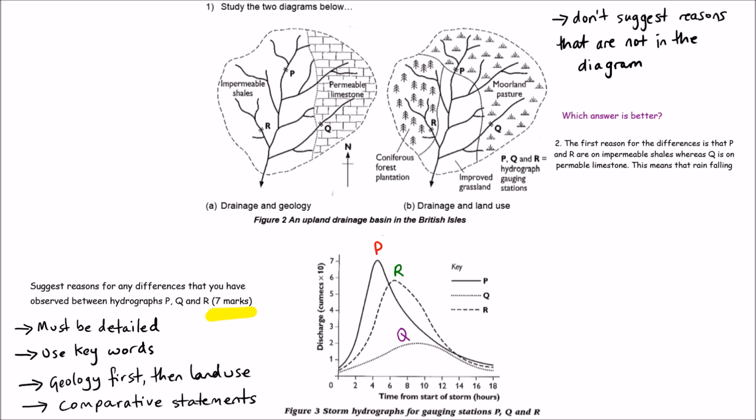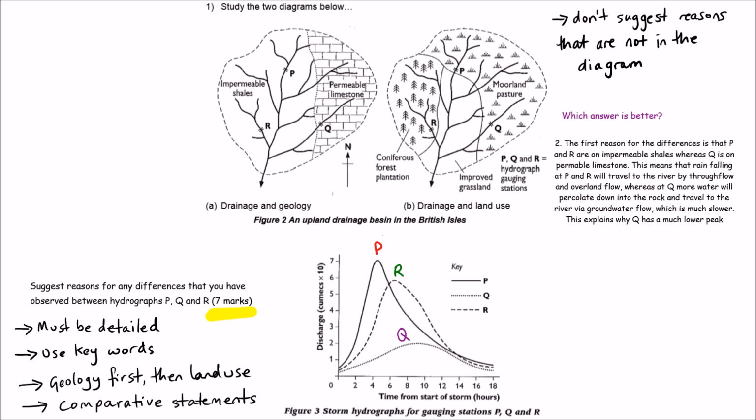This means that rain falling at P and R will travel to the river by through flow and overland flow, whereas at Q, more water will percolate down into the rock and travel to the river via groundwater flow, which is much slower. This explains why Q has a much lower peak discharge and a longer lag time.